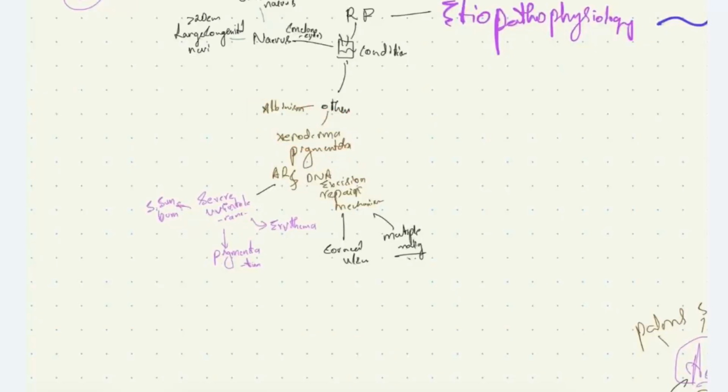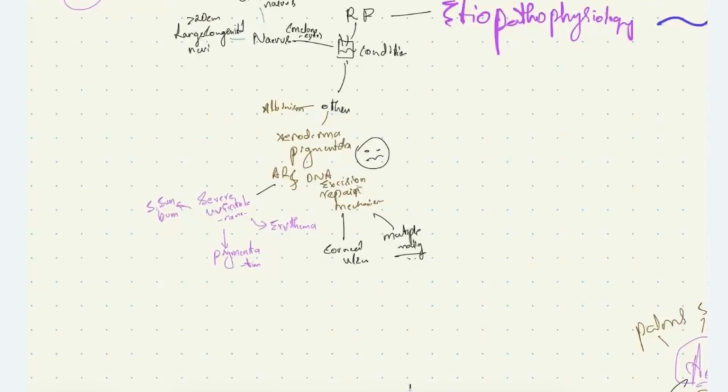It is a risk factor for malignant melanoma. Now, what is this xeroderma pigmentosa? Xeroderma pigmentosa is an autosomal recessive, genetically transmitted condition where there is a defective DNA excision repair mechanism. When there are defective DNA repair mechanisms, the mutations go on accumulating inside the cell, eventually leading on to malignancy.